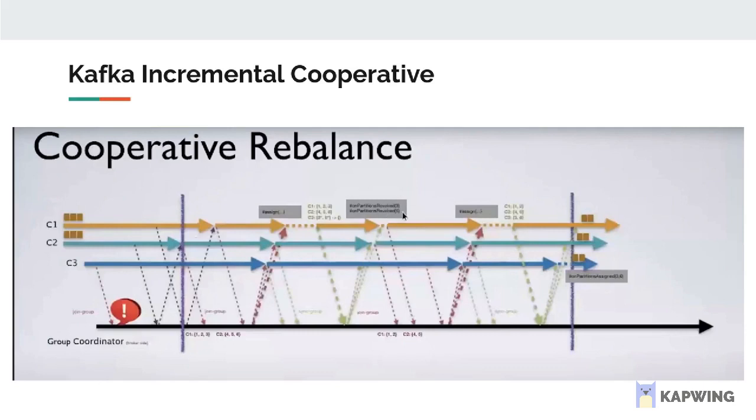After they revoke partitions 3 and 6, they will again send a join group request, all of them, C1, C2, and C3, right? In this case, they will send it with this information saying C1 has 1, 2, C2 has 4, 5, and C3 has none, right? And then C1 takes a decision: okay, these partitions 3 and 6 are not assigned to anybody from when I last reassigned, right?